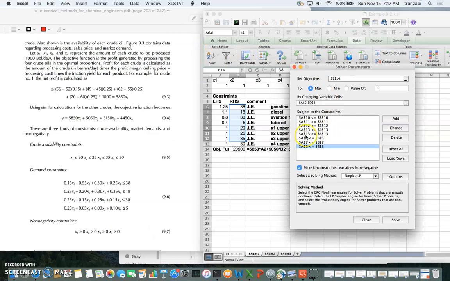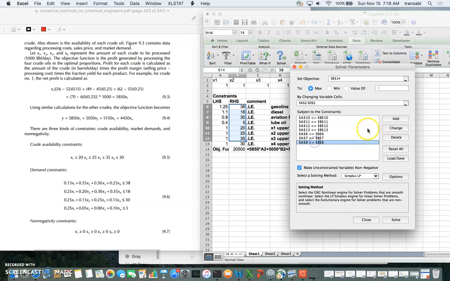Yes, I think this is this. Right, so A13 should be less than B13. It's this constraint. I have it already, so it looks like it's duplicated. Let me just delete one of them. Let's see, 6, 7. Okay, so I'm missing this one, so let's add this guy as well.